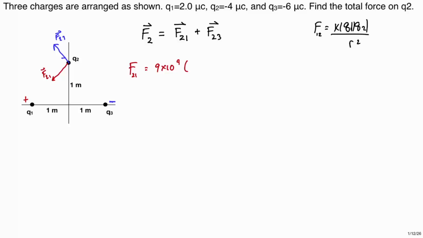It's 4, but do you see how it says microcoulombs? Always work in standard units. In other words, if it's written as a microcoulomb, when we go to write this number down, we're going to write 4 times 10 to the minus 6. I don't like putting my units into my number calculations because it confuses me, but you are more than welcome to put the units in if it helps you, right?